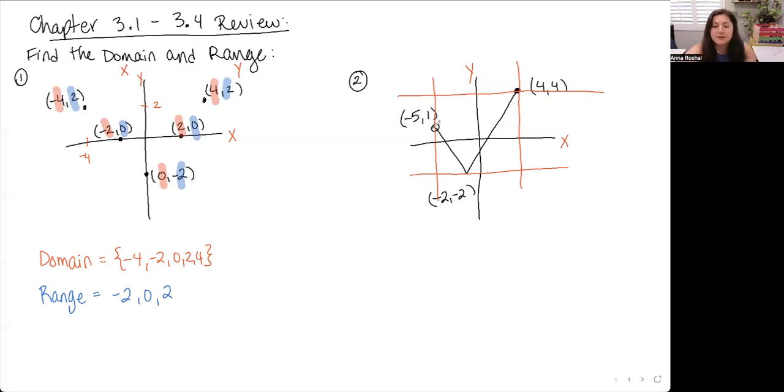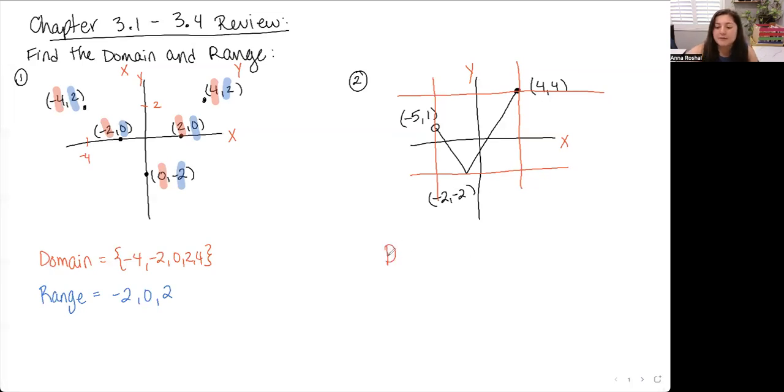The reason I can do that is because I have a point here and a point here. So I know my function starts and stops at these 2 points. If they don't start and stop at specific points, then we know that it goes on forever. We'll talk about one of those in a later video, in a later problem.